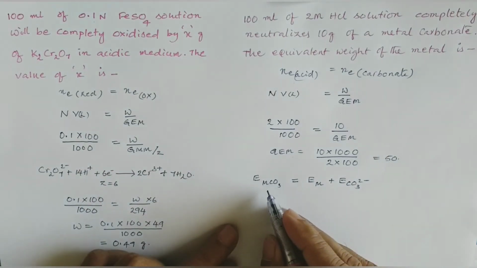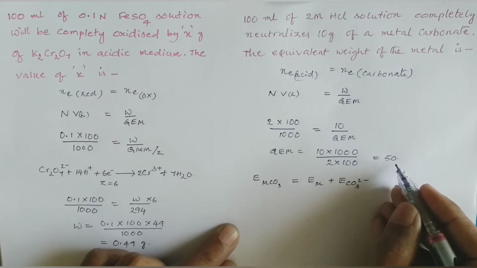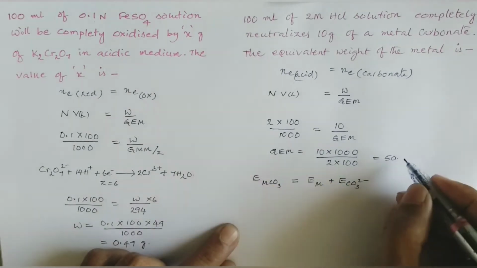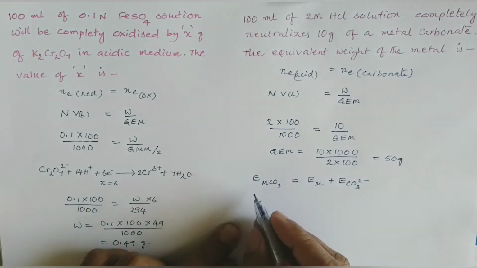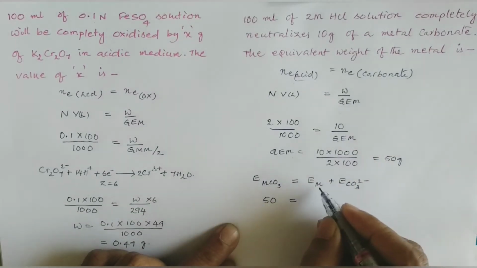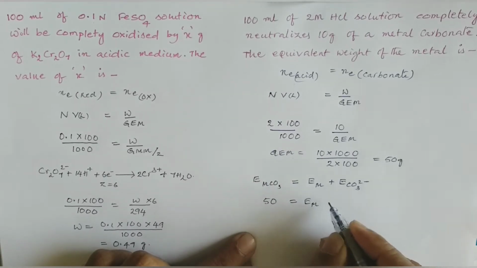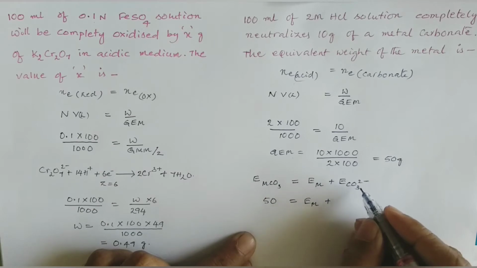Now you know the equivalent weight of metal carbonate is 50, right? Gram equivalent mass is 50 gram, so 50 is equal to the equivalent mass of metal plus the equivalent mass of carbonate ion.